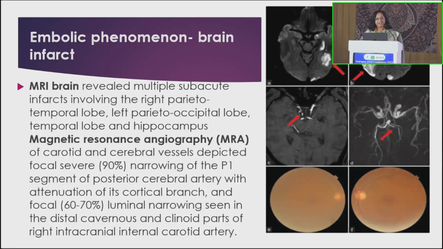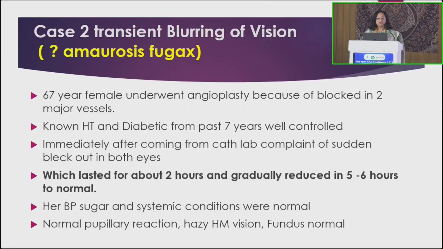So I advised an MRI brain, and in the MRI there were areas of ischemia in the parieto-occipital lobe and temporal lobe. This was because of embolism that went into the brain from the carotids, causing these embolic infarcts. The patient gradually developed 6/60 vision, but that was not very efficient vision.